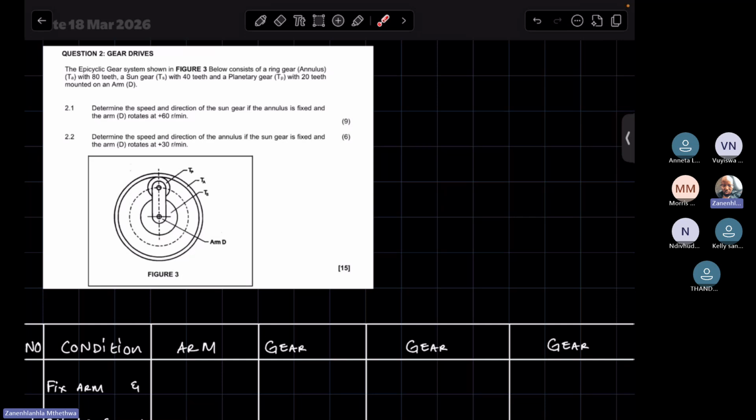Of course you also get atypical cases where you just have, say, spur gears that are in mesh and are connected with an arm, but you don't necessarily have an annulus like you do in a typical epicyclic gear system.